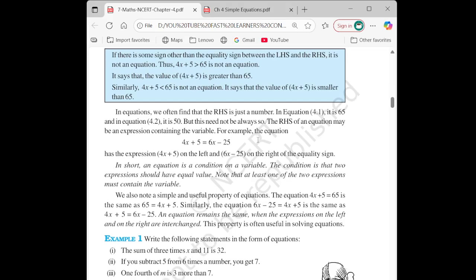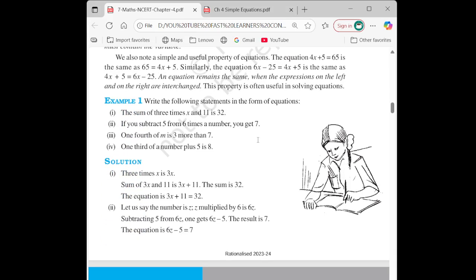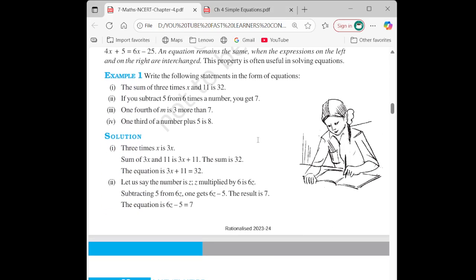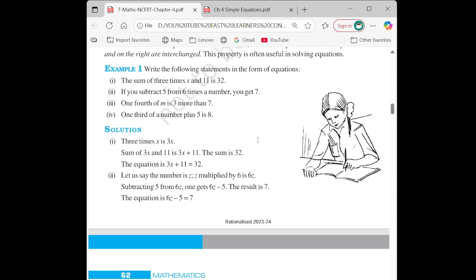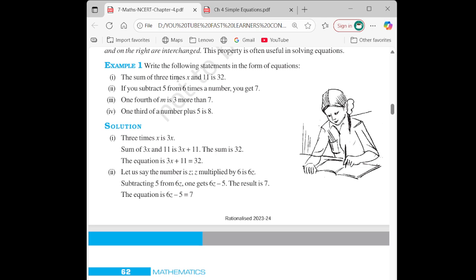We have studied a chapter called algebraic expressions last year, and this is about algebraic expressions. See, there are these equations. We will learn how to write them in equation form. These are the statements given. The sum of 3 times x and 11 is 32.